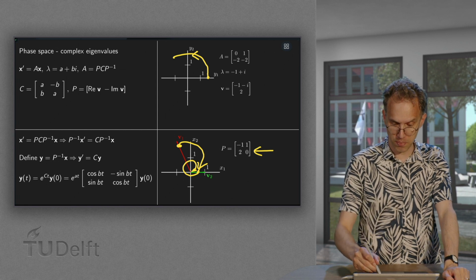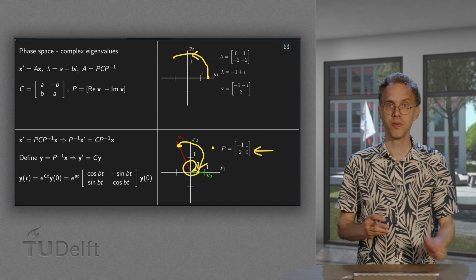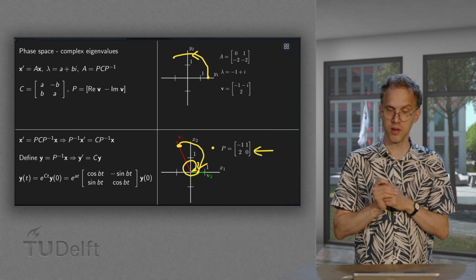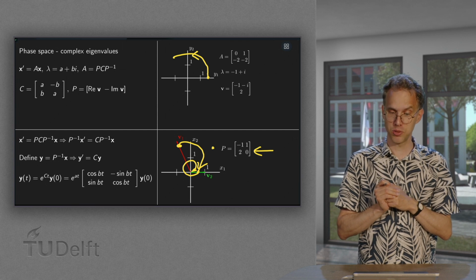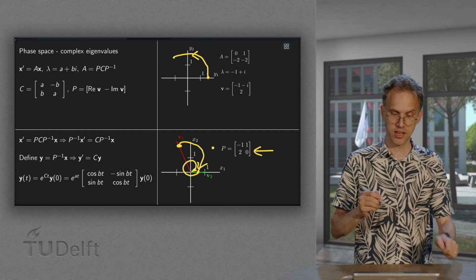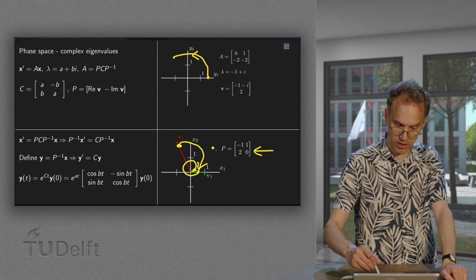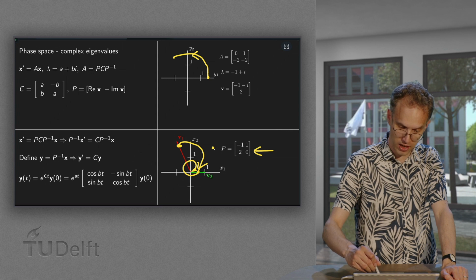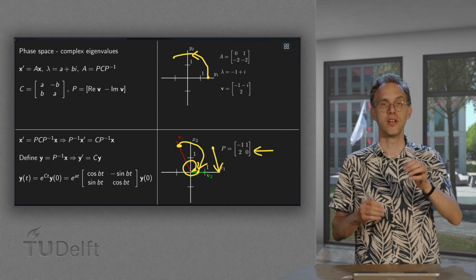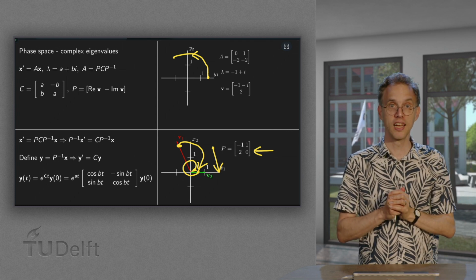Take some random point, for example let's take (2, 2). Then we know x prime equals A times x, and in (2, 2) we can compute A times (2, 2), we get (2, minus 8). So in the point (2, 2) we are going in the direction (2, minus 8), so like this.